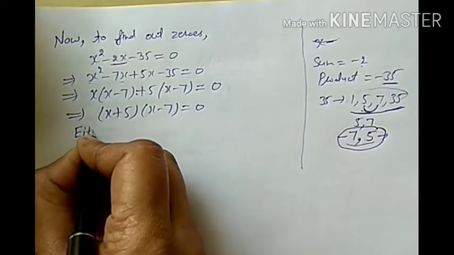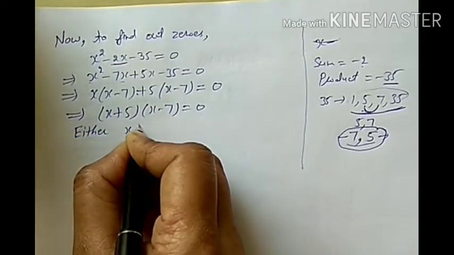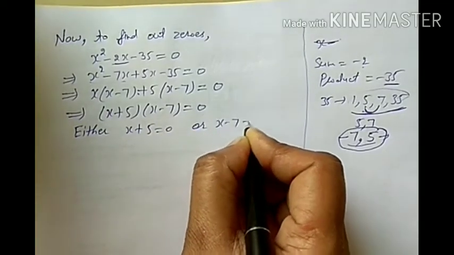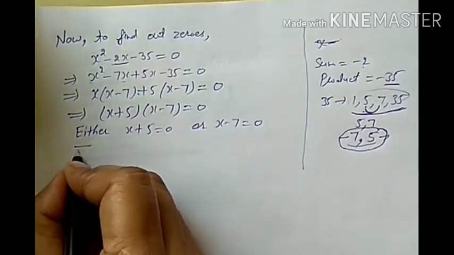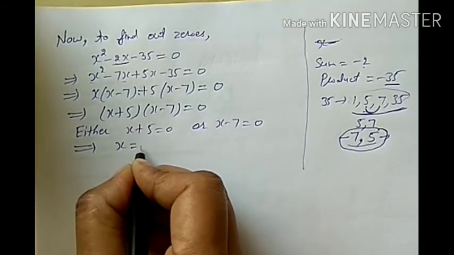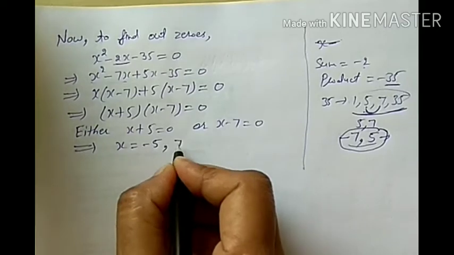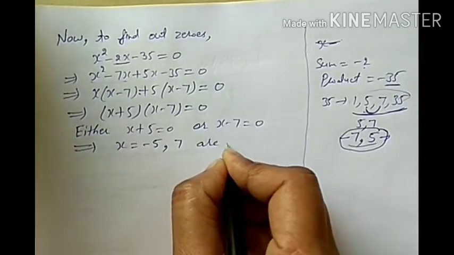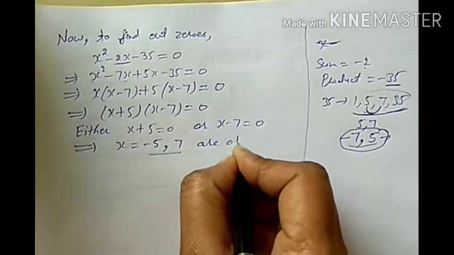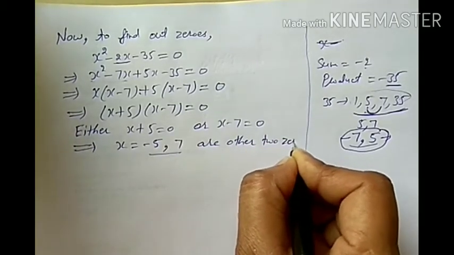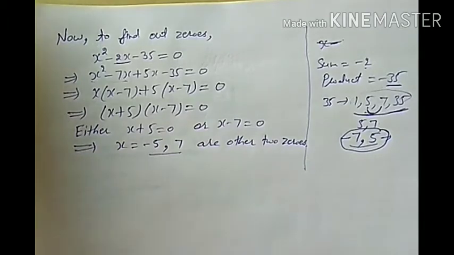Either x plus 5 equals 0 or x minus 7 equals 0. It implies that x is equal to minus 5 and 7 are the other two zeros. I think you got it. If you have any doubt, then please ask in the comment box.